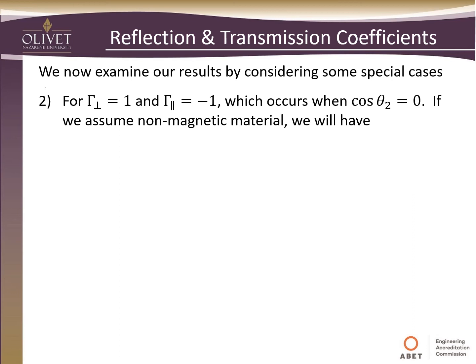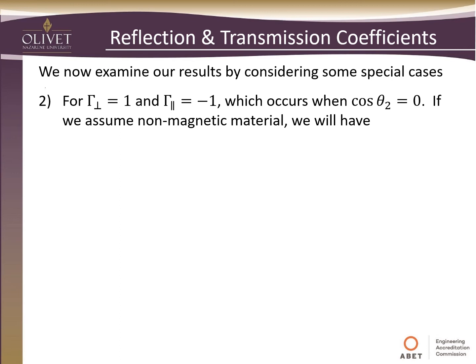So now we want to look at another special case. In this case, we're going to look at when the perpendicular reflection coefficient is equal to 1. When that happens, if we go back and look at those original equations, because they differ by the theta angles where they're present, they're reversed for the parallel and perpendicular case. So in this case, the parallel reflection coefficient would be -1.